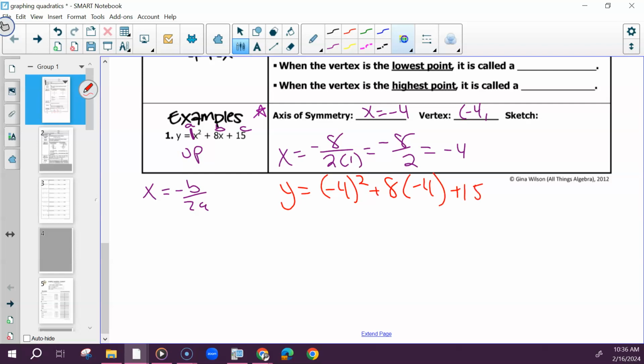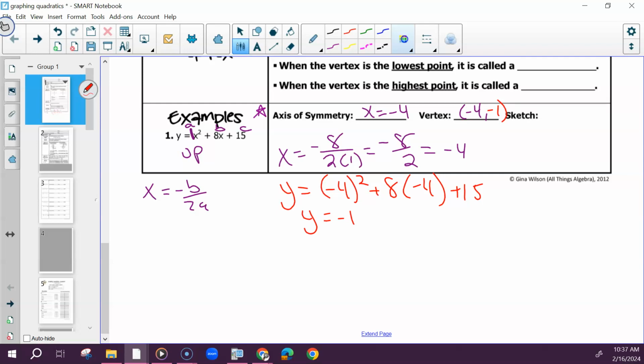So negative 4 in parentheses squared plus 8 times negative 4 in parentheses plus 15. What would that y value be? Negative 1. So that's going to be the other piece of the vertex.